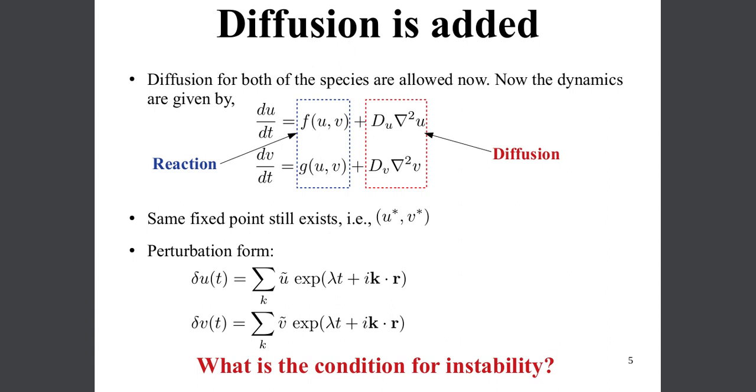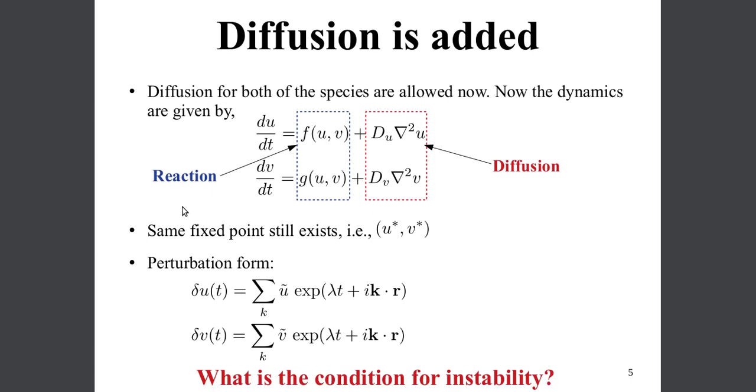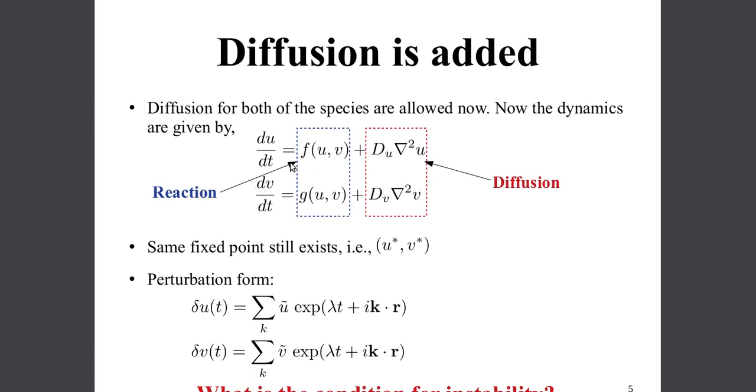Now I allow diffusion for both of the species. Now the dynamics are given by this: the blue part is whatever it was, and now I have introduced Du delta square u and Dv delta square v. These are the diffusion terms. The blue part is the reaction part, which can in general be non-linear.